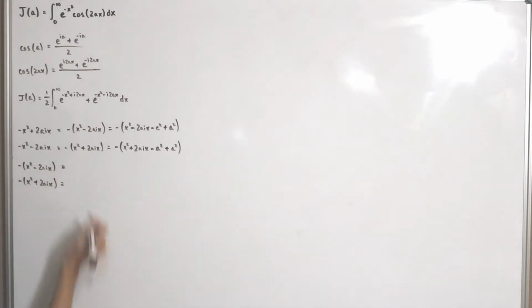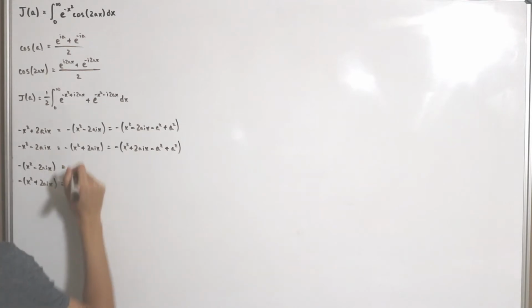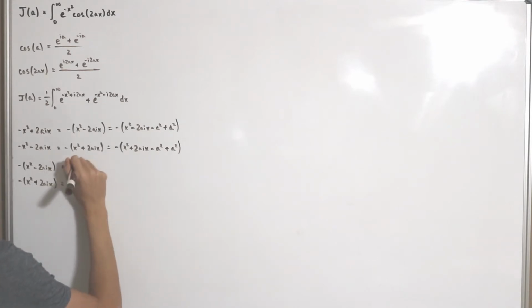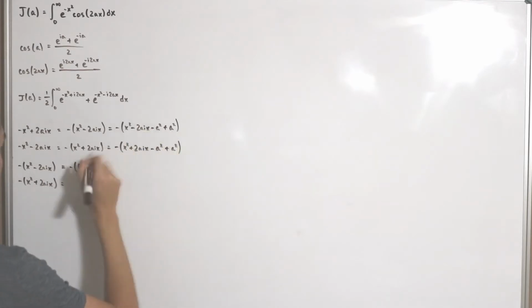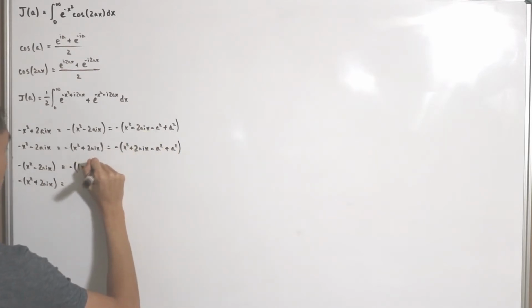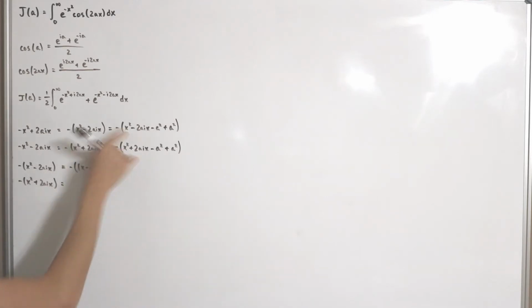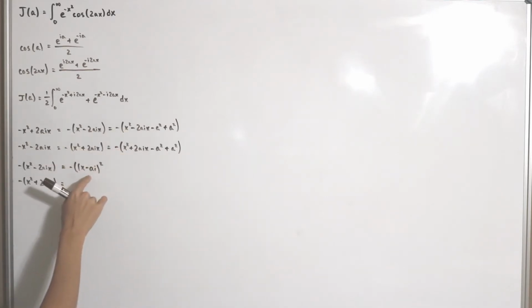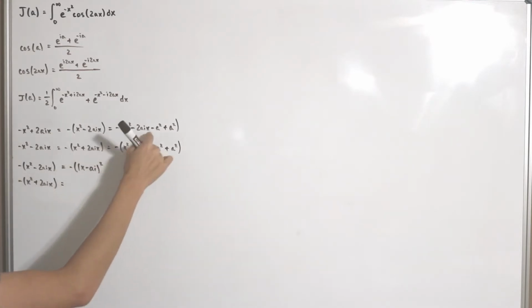Notice that our first three terms are actually a perfect square. So we can rewrite this as negative x minus ai, squared. You can check: x times x is x squared, x times negative ai, and do it a second time, so this is minus 2aix.